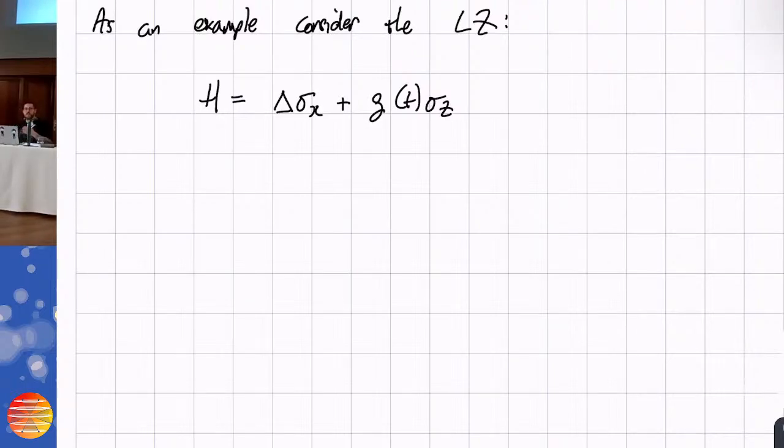What's very nice about this model, and why I love it so much, is that it's very simple. It's a two-level system, so we can pretty much solve it. But it captures an awful lot of the essential physics of much more complicated systems. This is essentially where many people start before they start scaling up to proper, quote-unquote, many-body systems. In fact, understanding everything about the Landau-Zener model is already sufficient to gain most of the intuition you need for something like the Ising model.